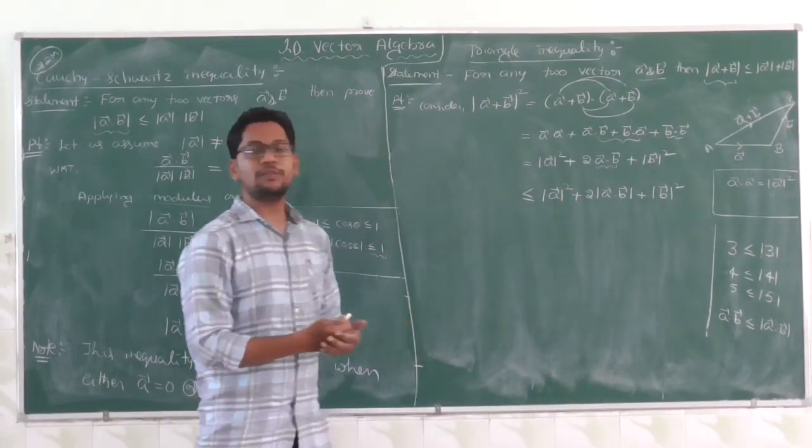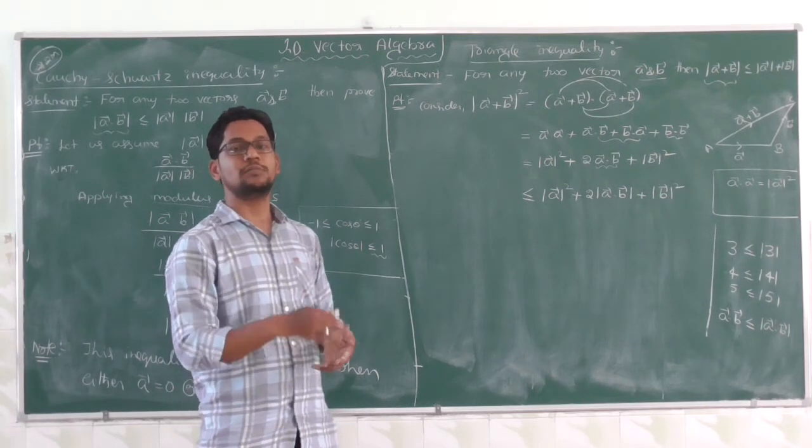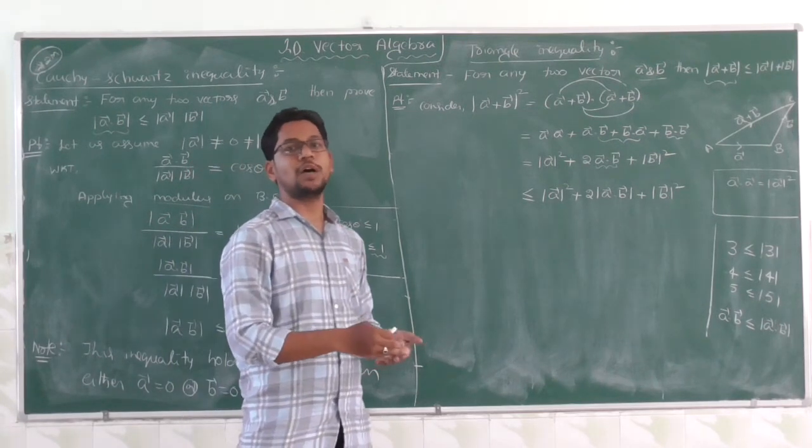Now, modulus of A dot B can also be written as magnitude of A times magnitude of B.